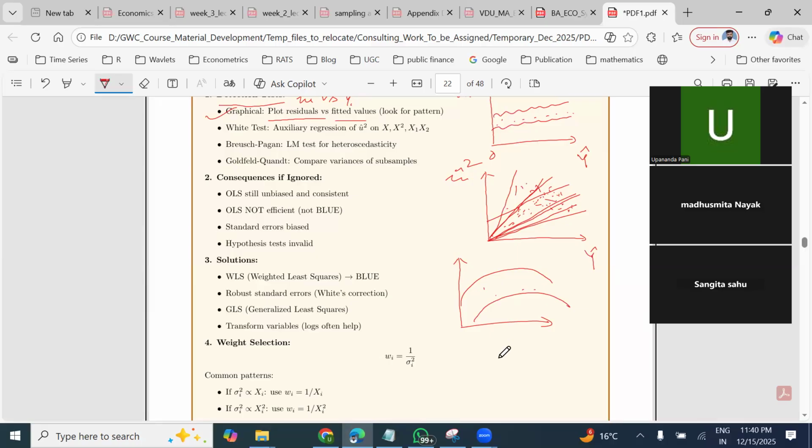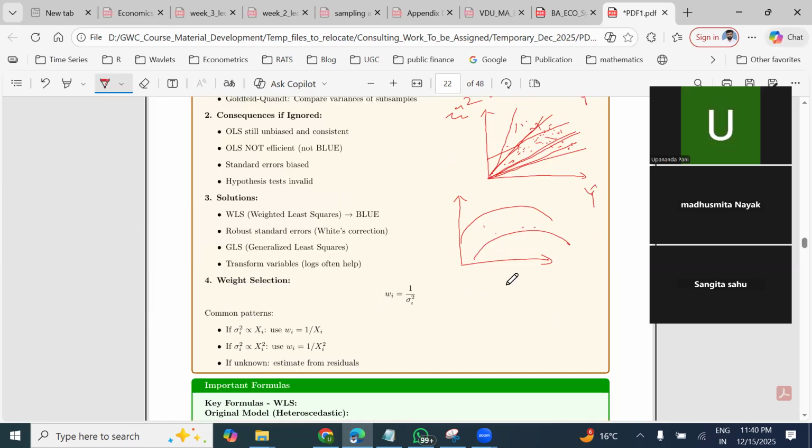Another one will be like this. These two, this one and this one, both represent a quadratic relationship, between ui hat and yi hat. Yes, sir. Then there will be a problem.